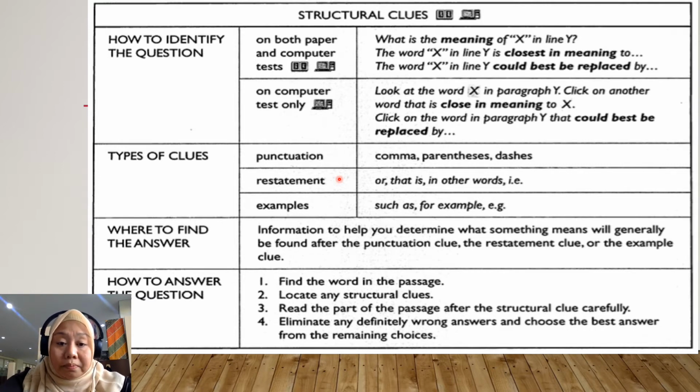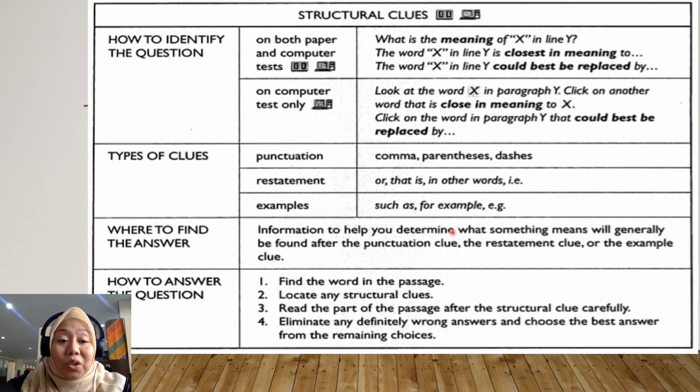All right. Sometimes it is also given as a restatement: blah blah blah or blah blah blah. So the clue will be if you see the word or, that is, in other words. Or sometimes the definition is given by giving examples, such as, for example.